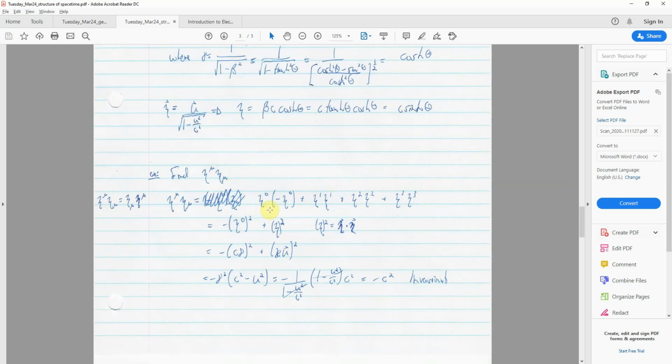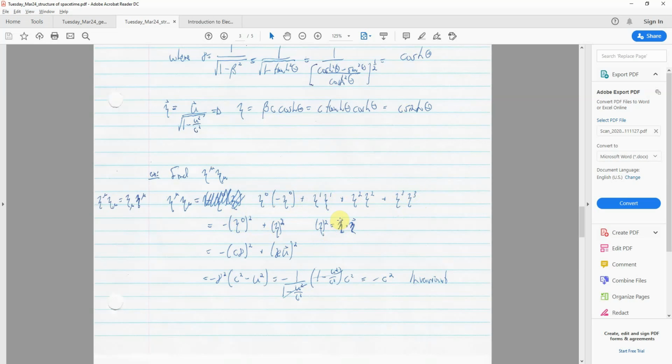And so we get the 0th component times the negative of the 0th component, plus the first component times the first component, second times second, third times third, just like a dot product. You don't have any cross products because they're all orthogonal vectors. So we get negative the 0th component squared plus all the spatial stuff squared.